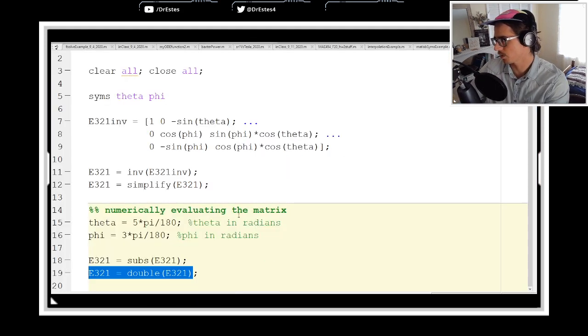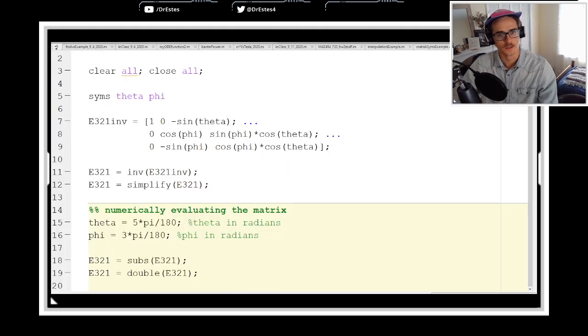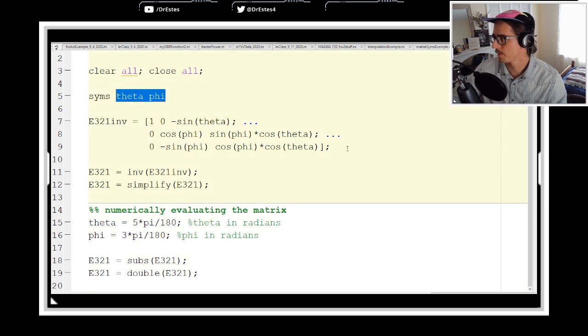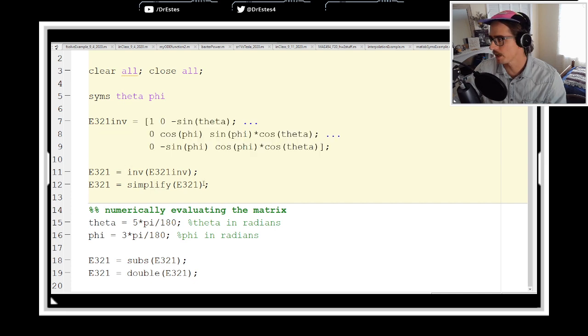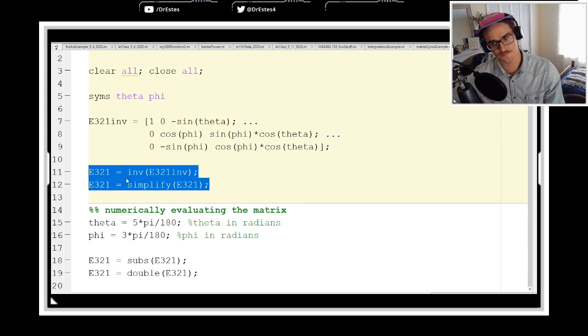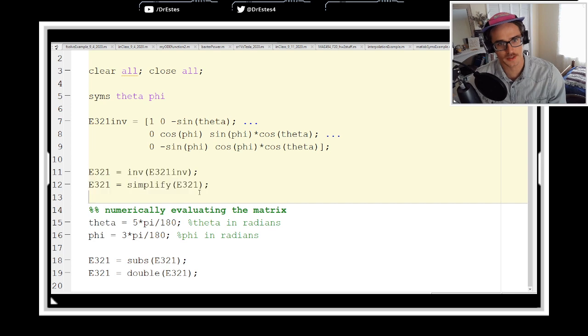So let's go back to the code real quick so you can see this. So real basic, define your symbols, define your matrix in terms of those symbols, and then you can use your inverse command and it'll make a symbolic matrix. So that's cool. But then what if I actually want to translate that matrix into a matrix full of numbers that I'm used to using in Matlab?